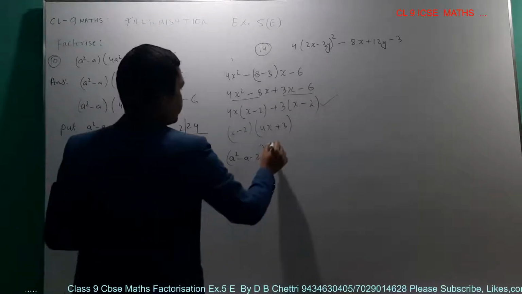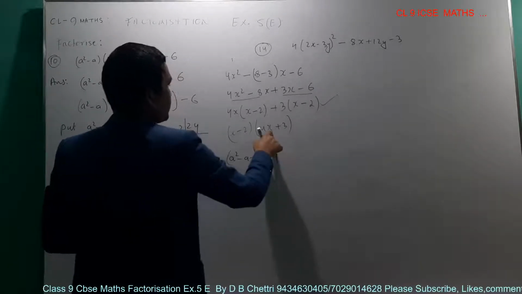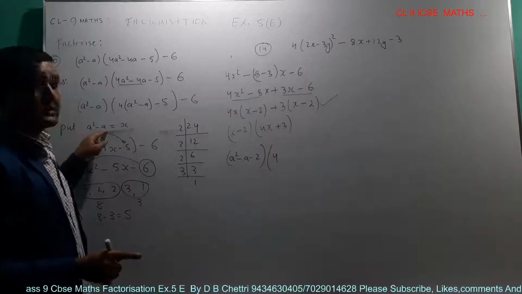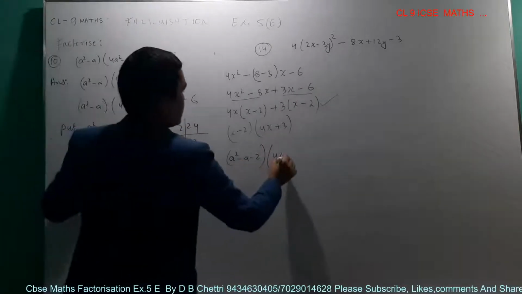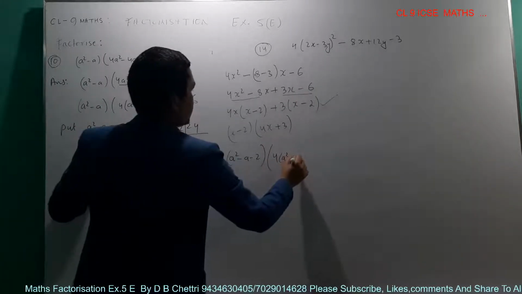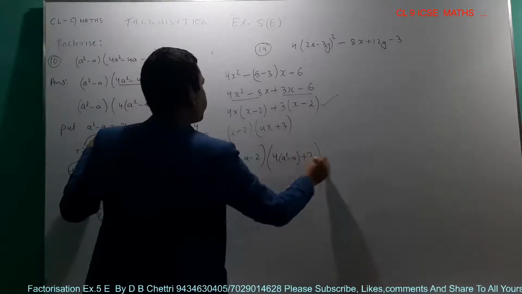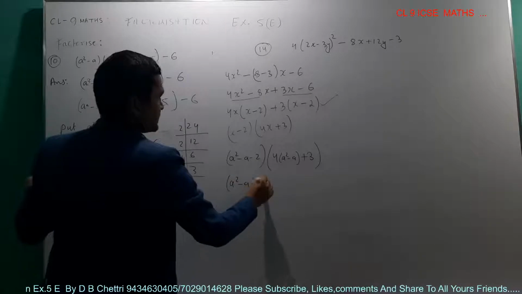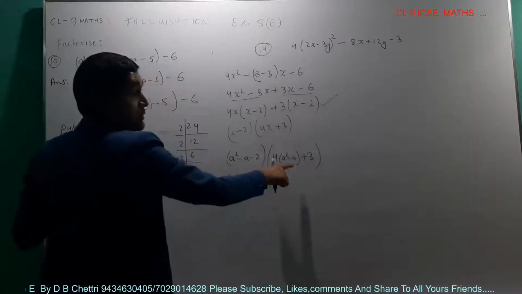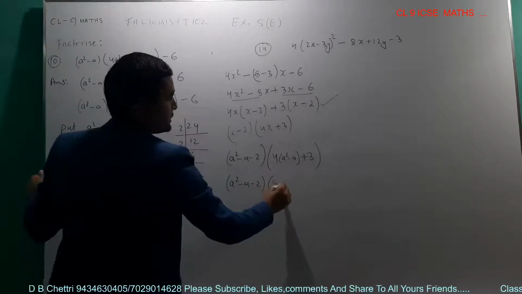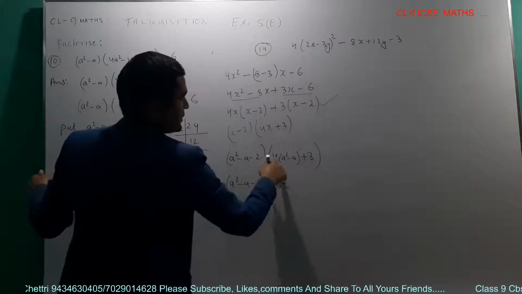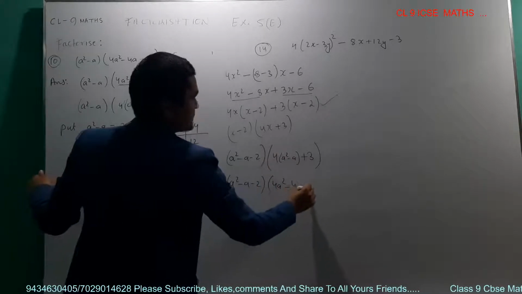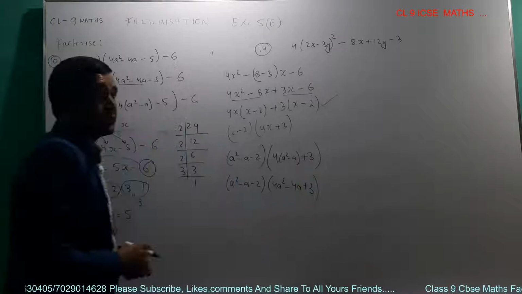Now similarly, 4, in place of x, what to write? a square minus a, then plus 3. Now a square minus a minus 2, then take this 4 and multiply to both: 4a square minus 4a plus 3. This way we have to do the factorization.